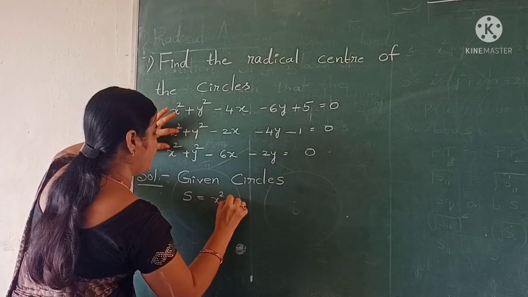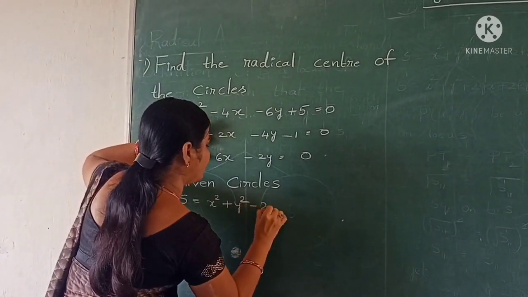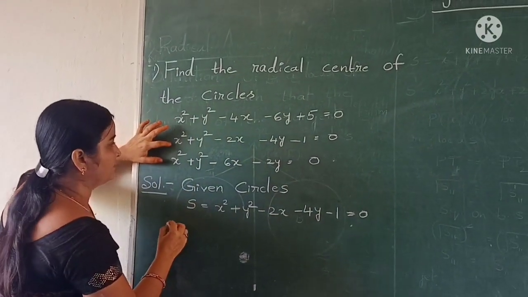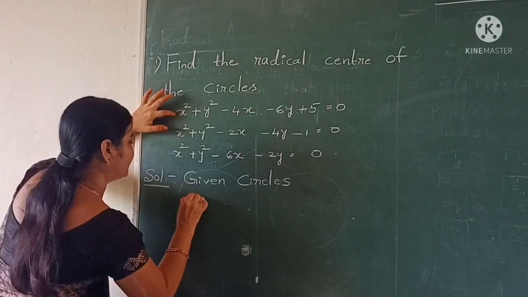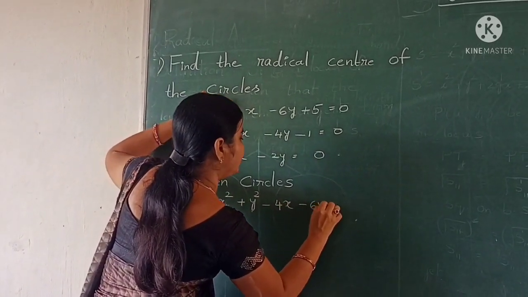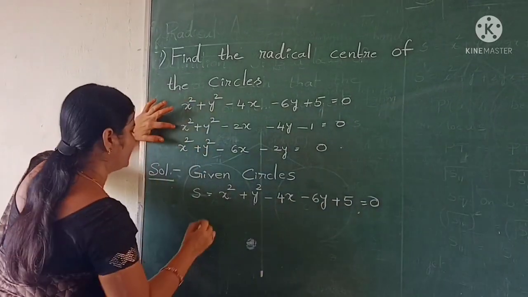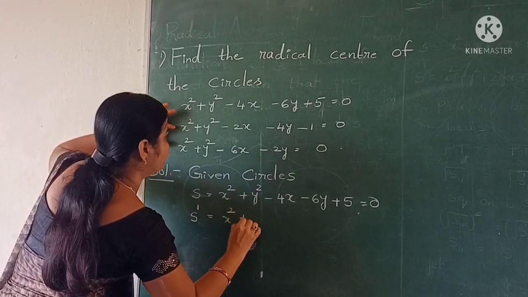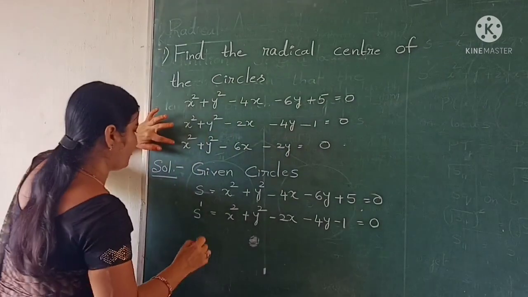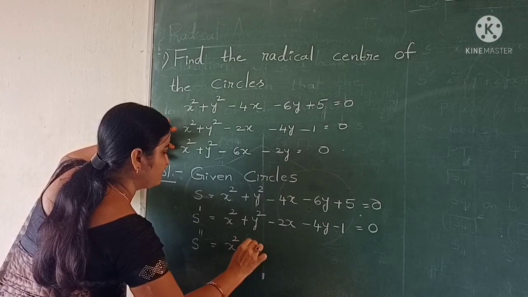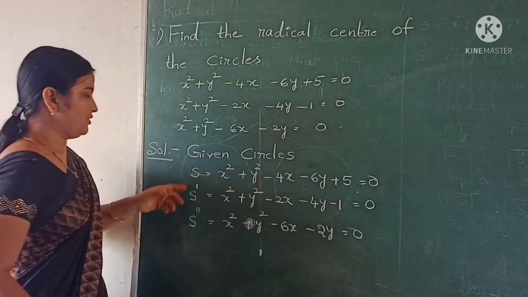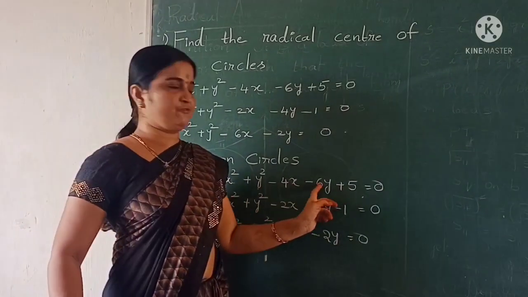Given circles: S is equal to x square plus y square minus 4x minus 6y plus 5 is equal to 0.